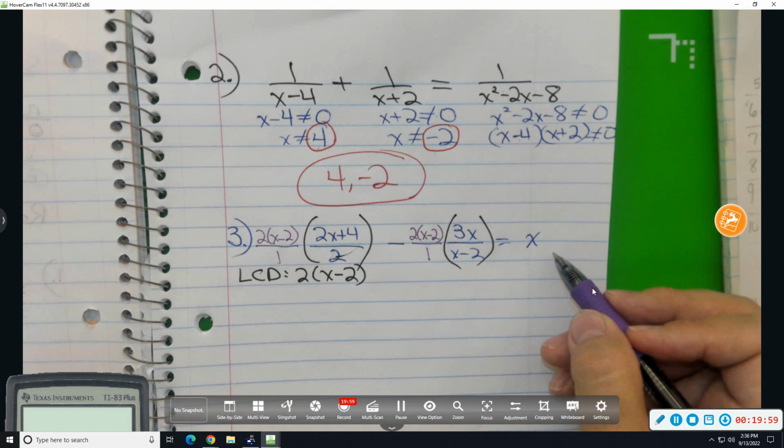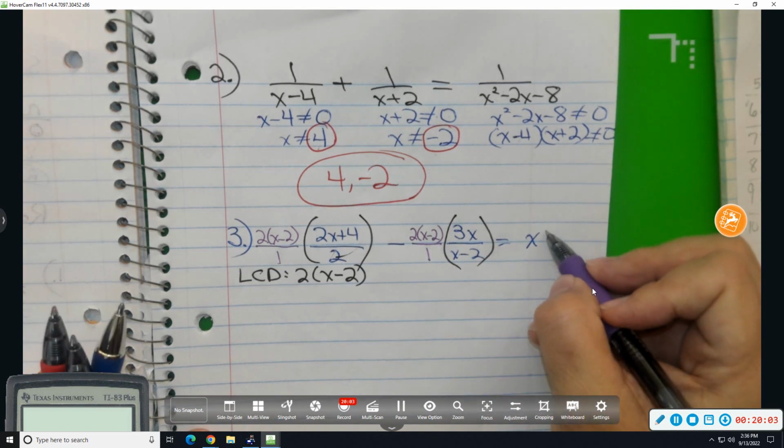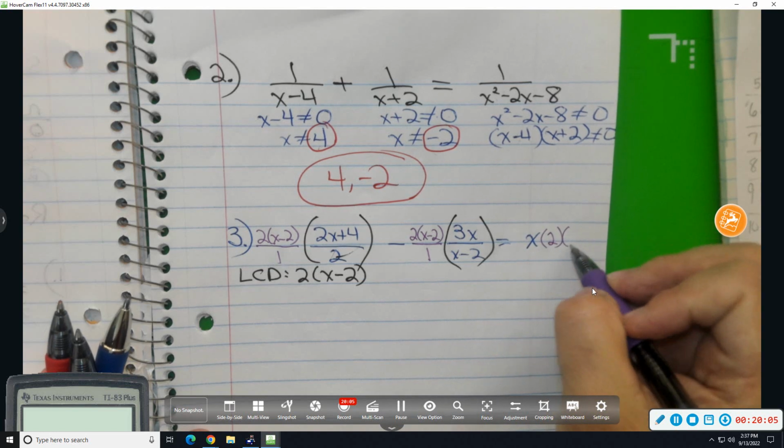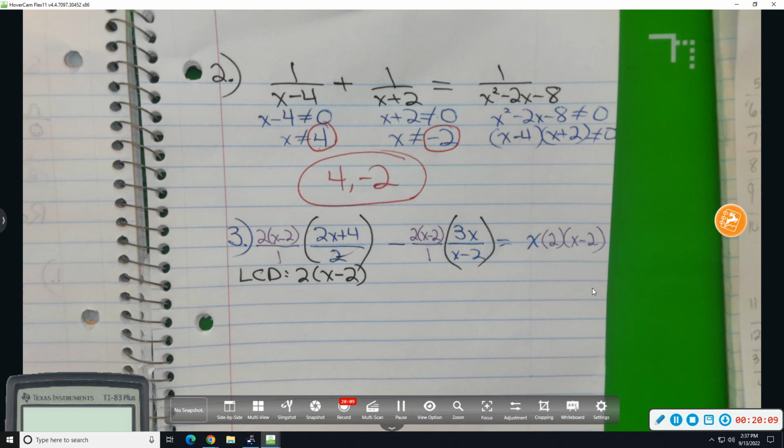This thing doesn't have a fraction. There's nothing to cancel there, so we're going to multiply it by 2 times x minus 2. Our goal eventually is to get x equals some number. But right now our goal is to get rid of those fractions.